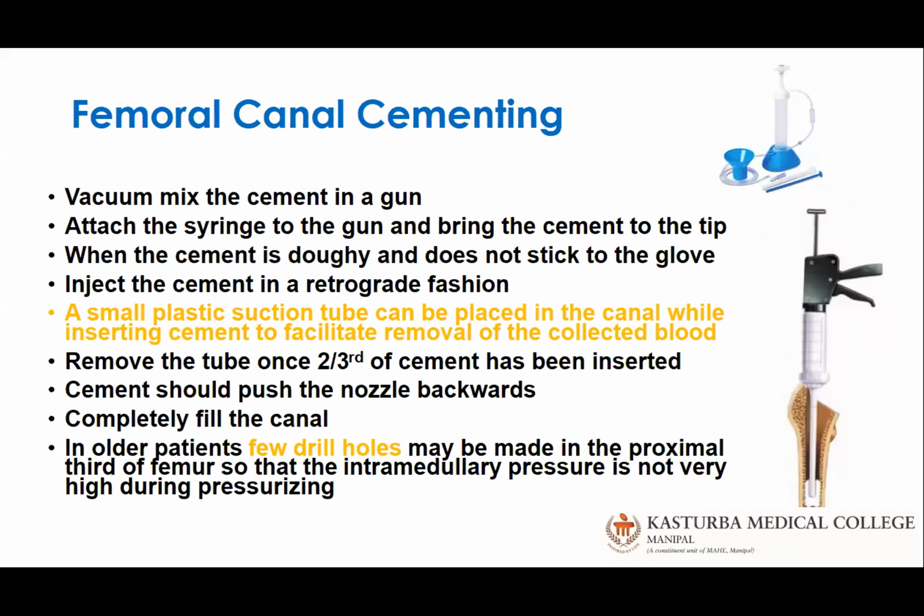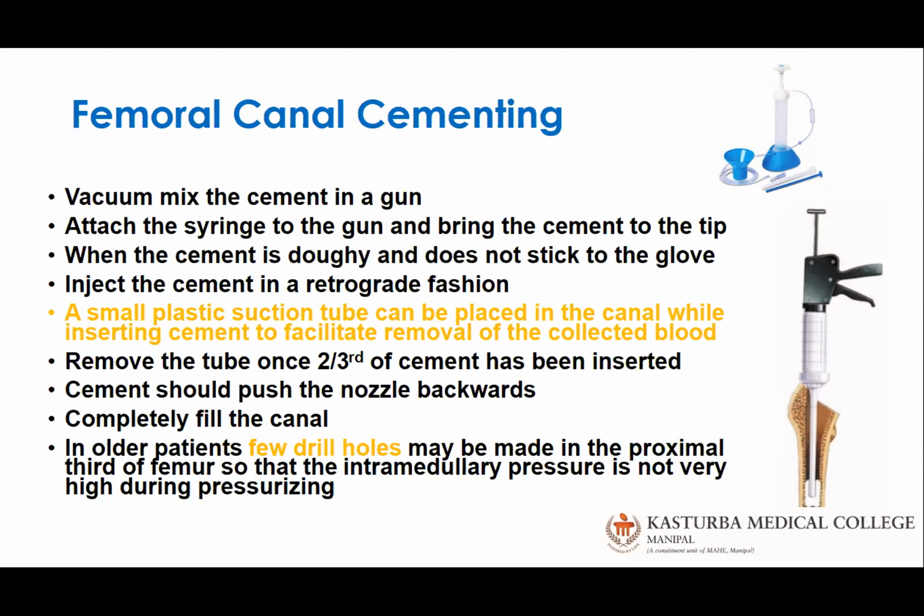So these are the steps which I've already mentioned. A small suction tube can be put in the canal when you put the cement, and when 2/3 of the cement is filled up in the canal, you can slowly remove it so that you can visualize the area. This will reduce the amount of vacuum or air which is created inside.